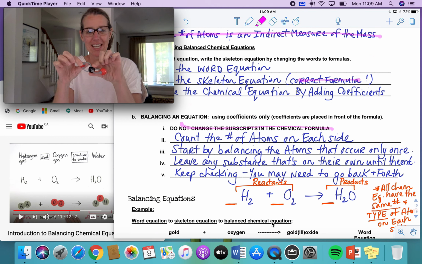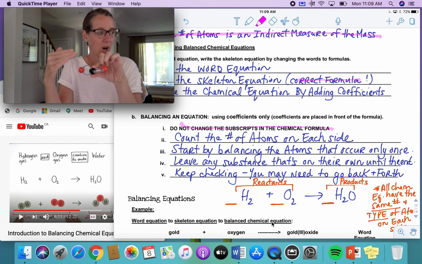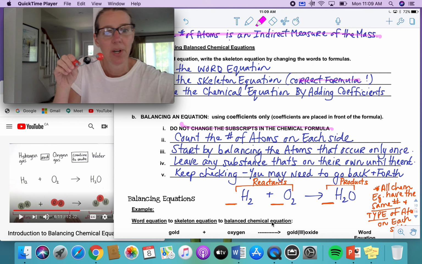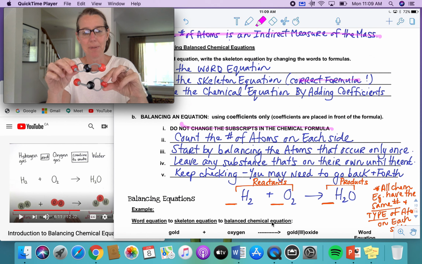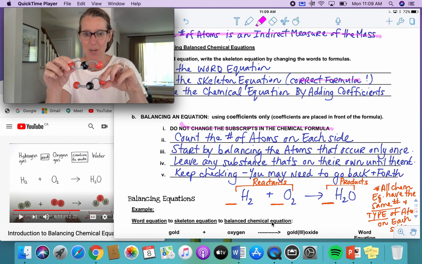I have to make sure that I keep my formula the same. And the way that I can reflect having more of these is to simply put a coefficient in front of it, right? So that would be 2 CO2s. But you can never change the subscript within a formula because that is what it is.